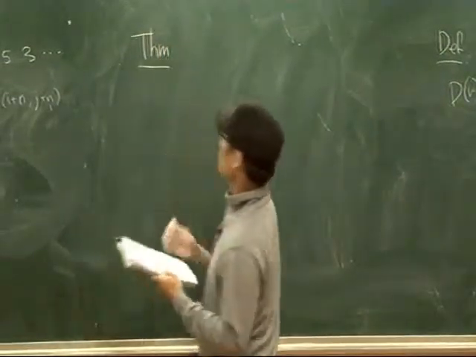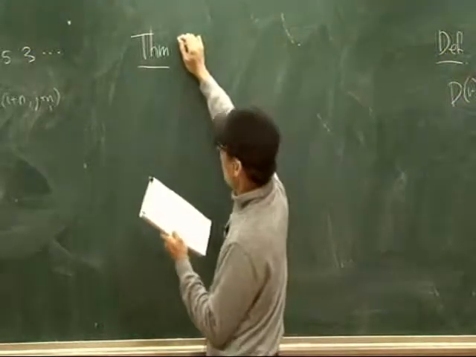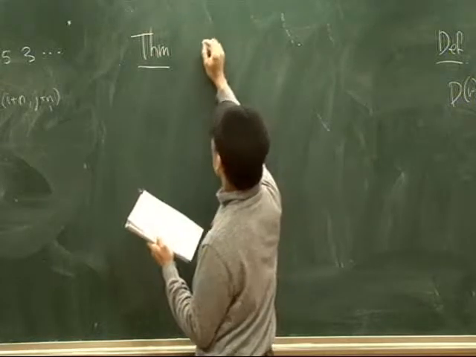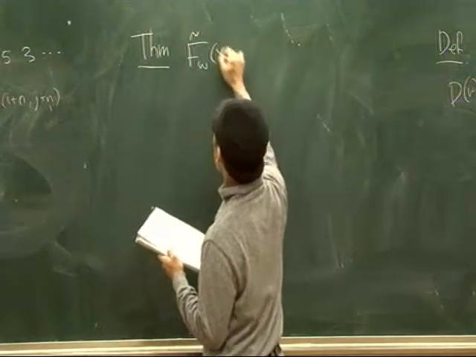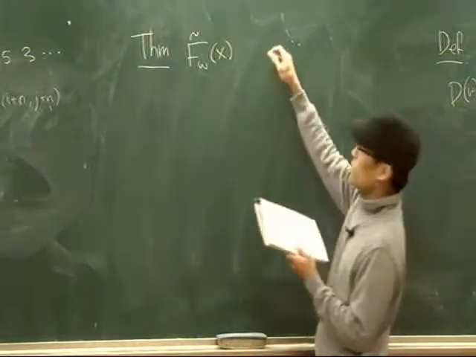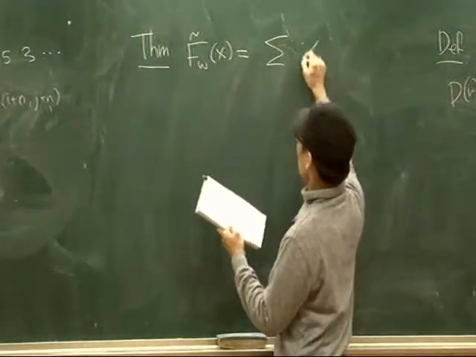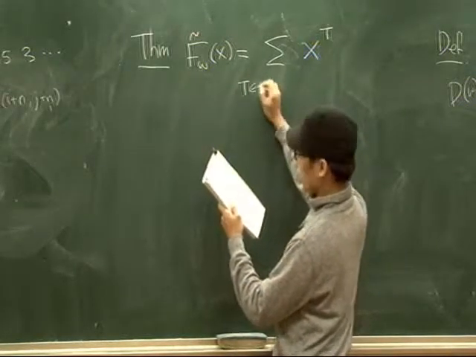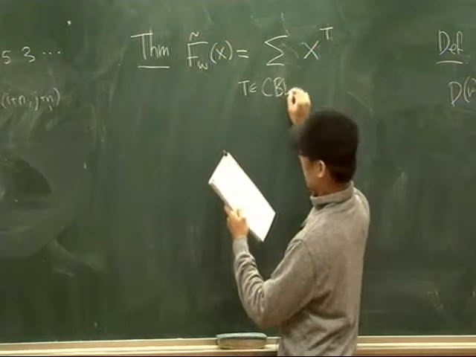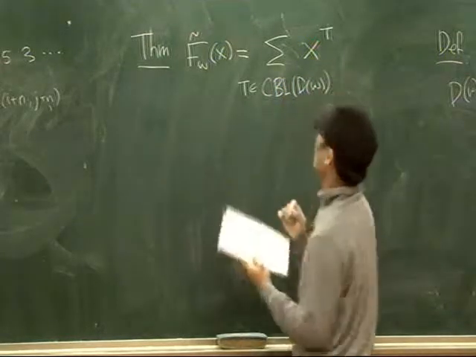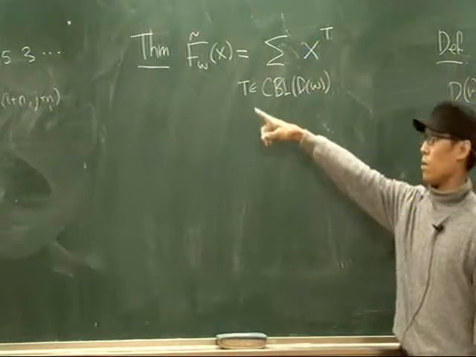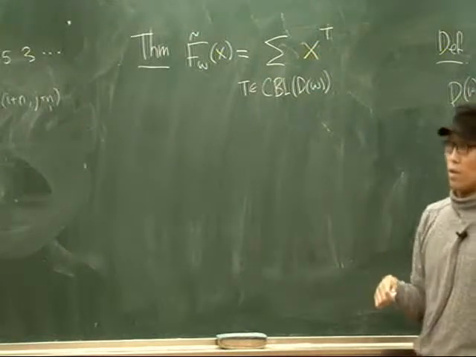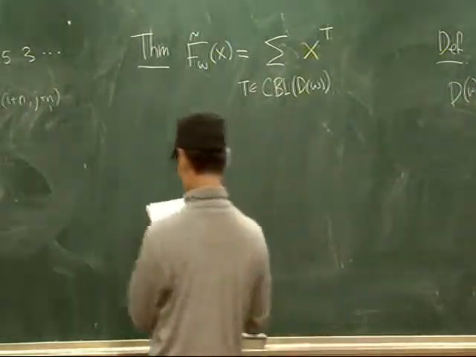Let's first state our theorem. The affine Stanley symmetric function is the summation of monomials. This is a very predictable theorem. The sum is over all the column strict balanced labelings of this affine diagram. Okay.